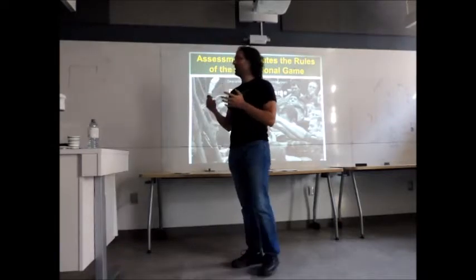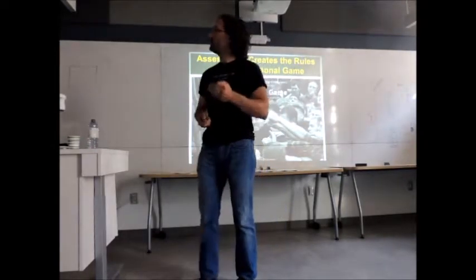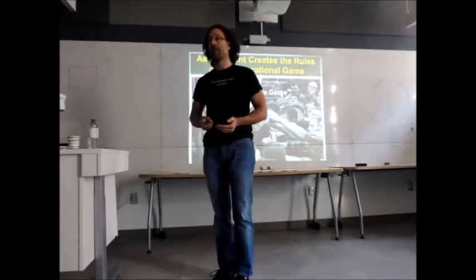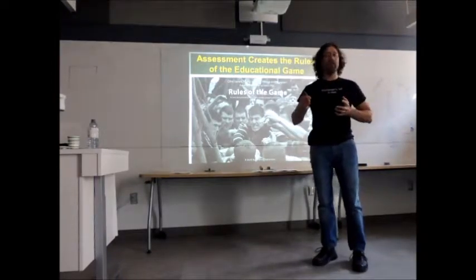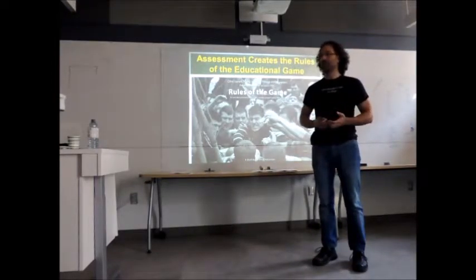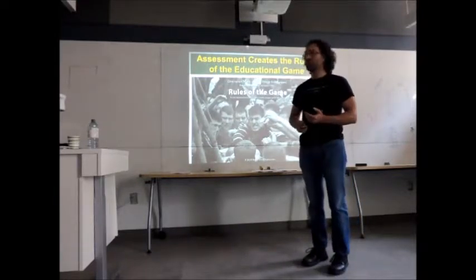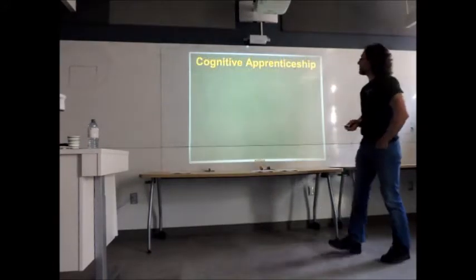So the way that we set up our system of rewards determines what types of behaviors our students will employ in our class. And so we need to be conscious of this and then rig the system. We want to rig the system to encourage students to employ the behaviors that we want them to develop.